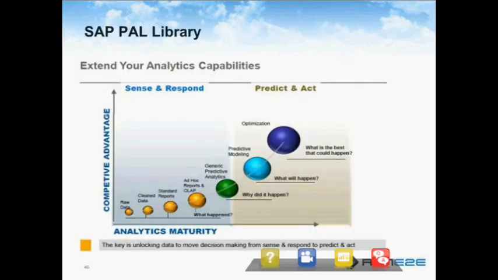A little bit about the PAL library. Now again, SAP has given you subroutines, algorithms, things to take a look at your data, mine it for certain events that are taking place within your data. So again, with large volumes of data, and I get very scientific here about the process of analyzing data from a scientific world, SAP has given you 20 or so algorithms called the PAL library, the Predictive Analytics Library.